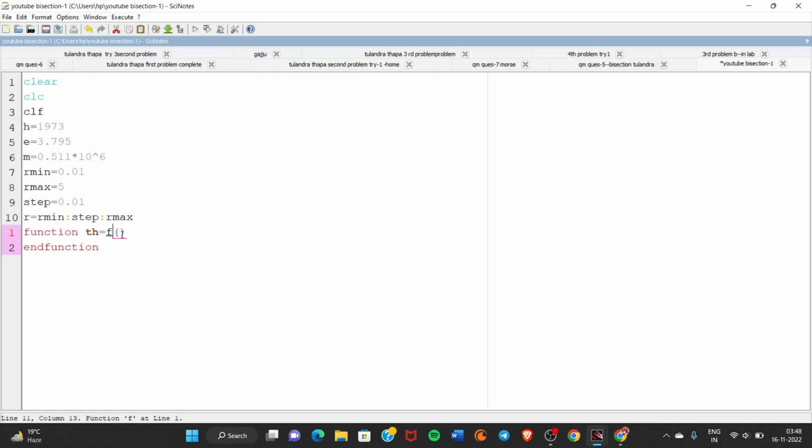Just like I am writing f, and the variables are written here: r, x, and e. E is the variable that we have to find, and x and r are like the normal x and y in our equation.